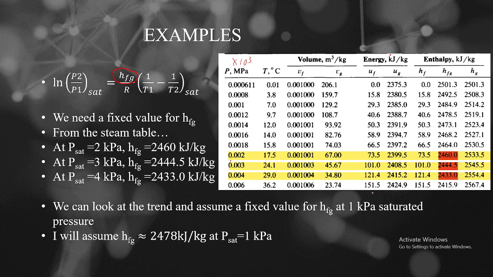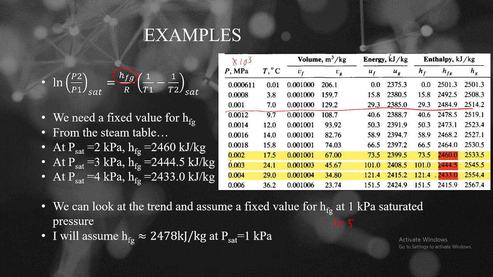Now, if we want to find the value at 1 kilopascal, we have the value here on the steam table, right? But we are assuming that the steam table doesn't get here. So we want to find the values here, right? So it means we don't have any of this data. If you want to assume a value for 1 kilopascal, we can just look at the trend. So from 4 kilopascal to 3 kilopascal, we have a difference of about 10.5.